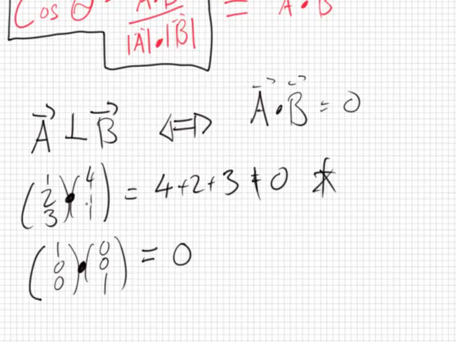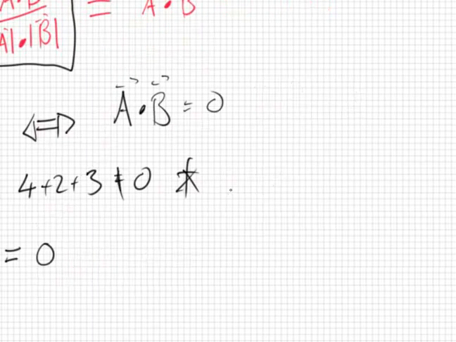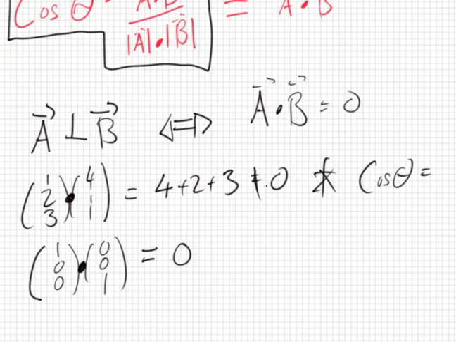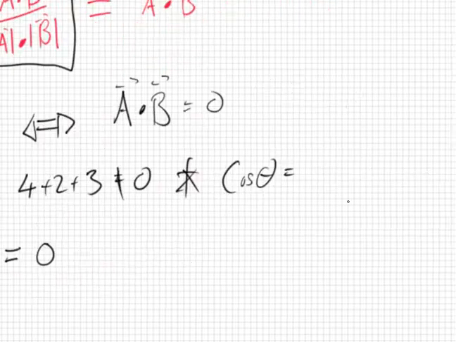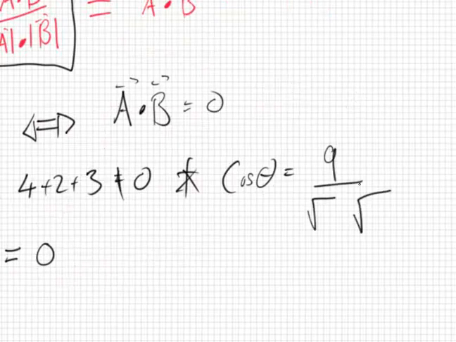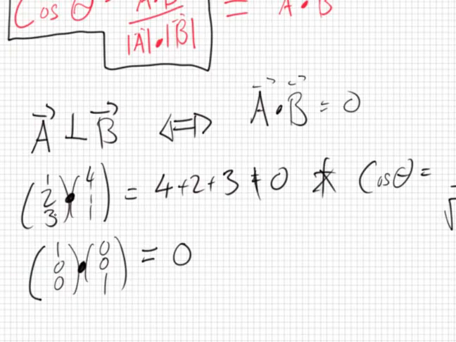Okay. To calculate the angle between them, cos theta equals A dot B, which is 4 plus 2 plus 3, which is 9, divided by the length of A and the length of B. What's the length here? That'd be square root 1 plus 4 plus 9. So that's square root 14, I think.